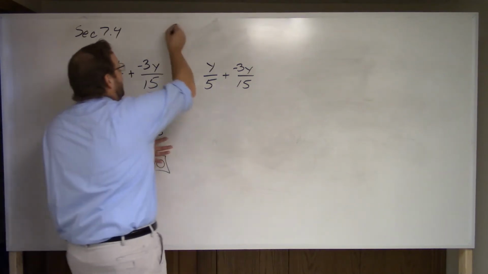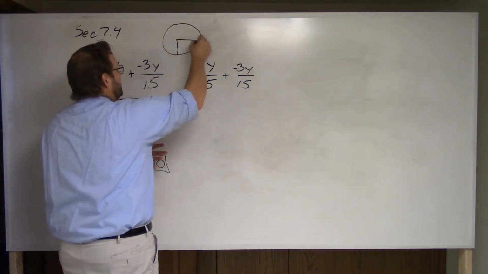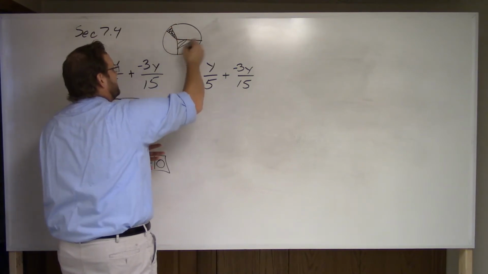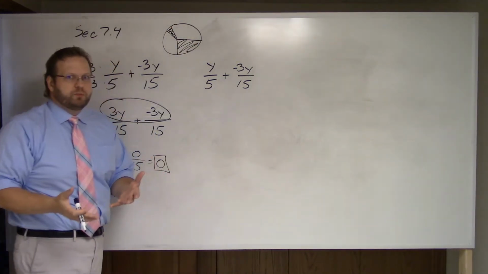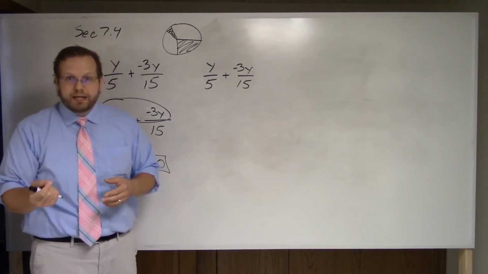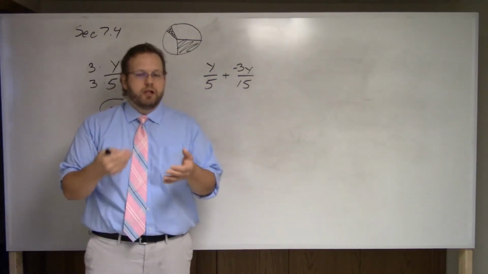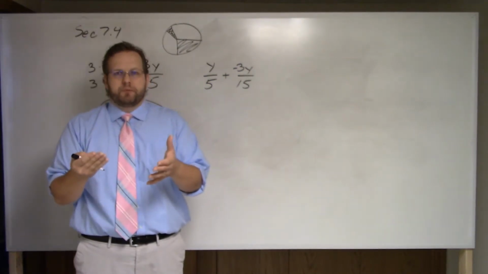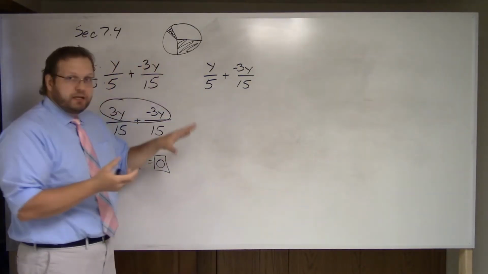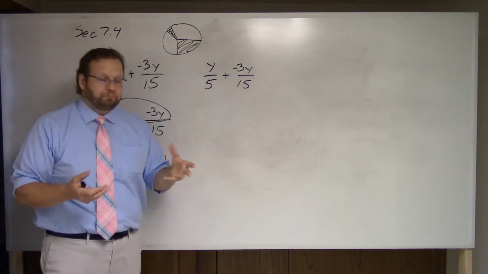If I have a pie and I have a piece like this and I have a piece like this, I don't want to add those and say I have two pieces. They're not the same size. Or if I have a $1 bill and I have a $5 bill, I don't want to say, well, I have two bills. There's a value underlying there. Same thing here. I want the value to be the same.